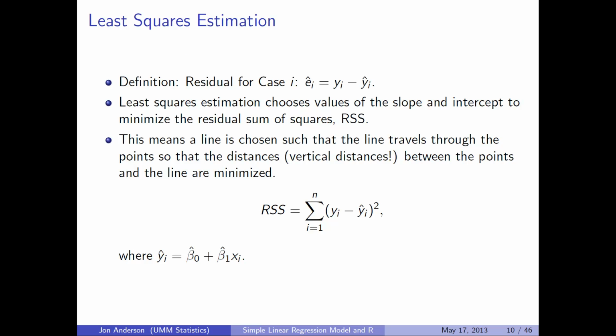These vertical distances represent the distance between a y value and the estimated summary line that goes through those y values the best. And so least squares estimates just mean put a straight line through our y and x values such that these little squared distances are as small as possible. We minimize the residual sum of squares. Notice inside the parentheses, that's just the definition of a residual.